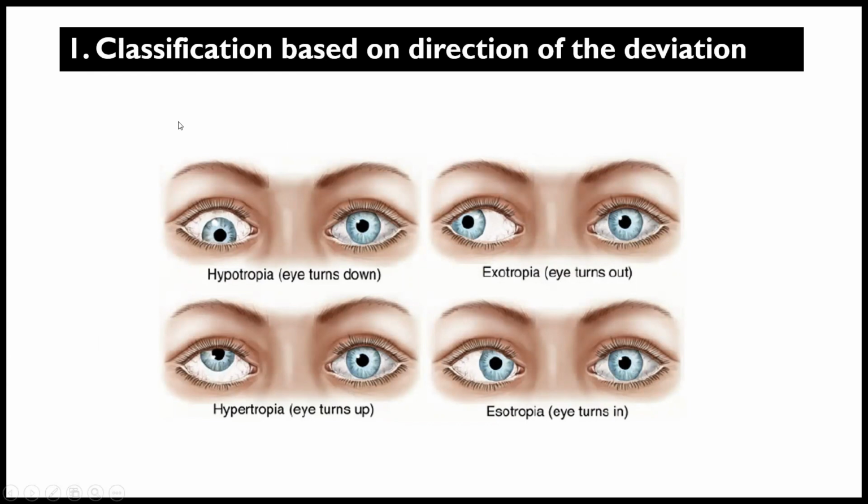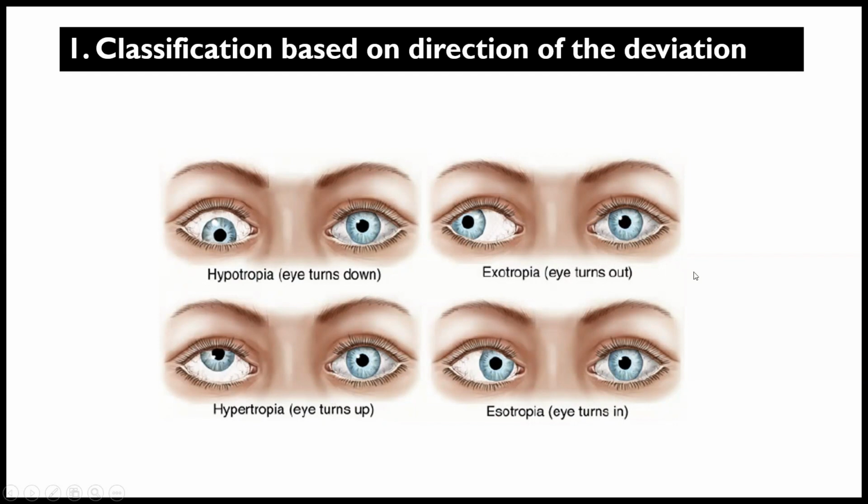Remember, we talked about deviation. So we can have a case where the eye that is affected is moving downwards, as you can see, and the other eye is still okay. So this will actually be hypotropia. When you have it moving up or deviated up, then that is hypertropia.